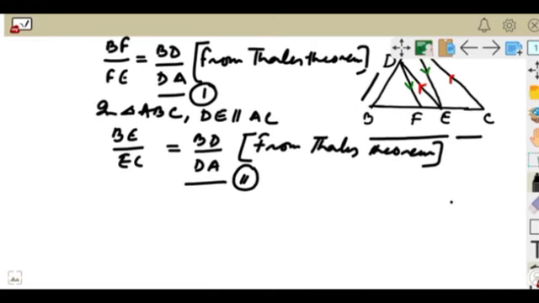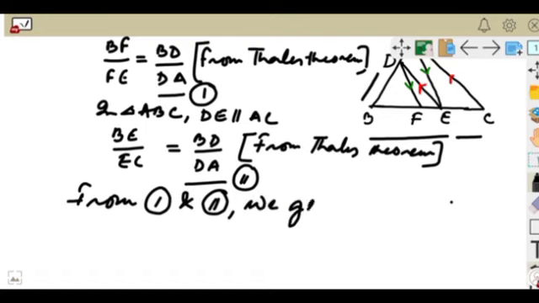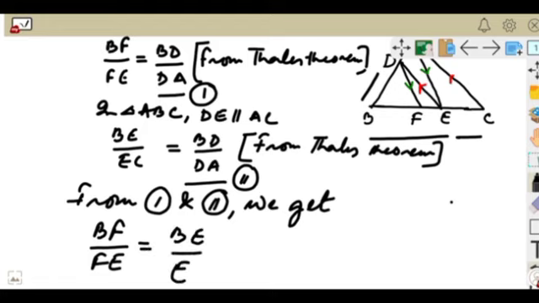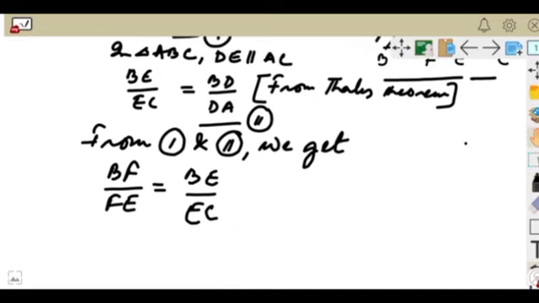So from 1 and 2 we get BF by FE equals BE by EC. This is what we have to prove. So the proof is done. Hence proved.